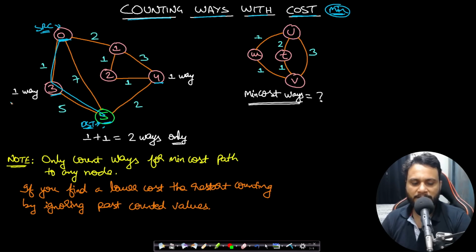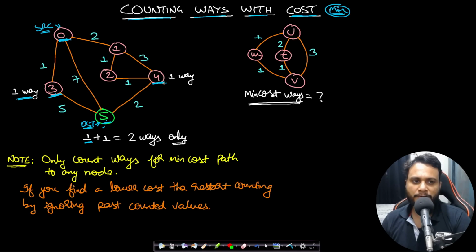You can just assume this, right? So 0 to 5 cannot be included. Now if you count the path via 3, then you can take one path. So there is one way to reach 3, and via 3 you can say that I have one way to reach.